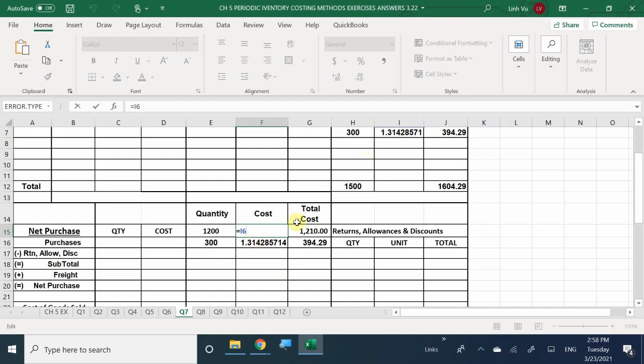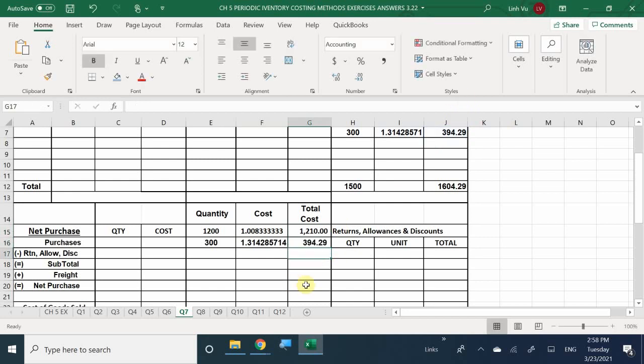This is the same thing. I just copied it from there. This one, same thing. I even copied the total cost as well, and just brought it down, because I don't need to recalculate, because this isn't where I'm calculating. Below this is where I'm going to calculate.